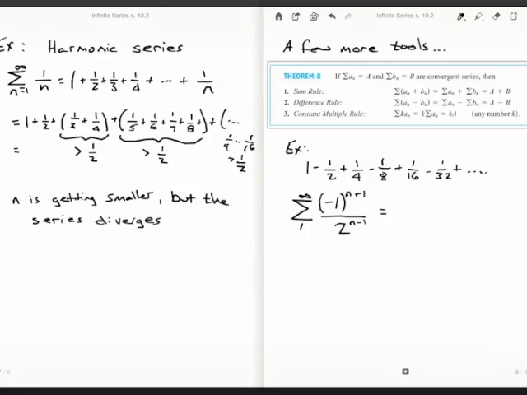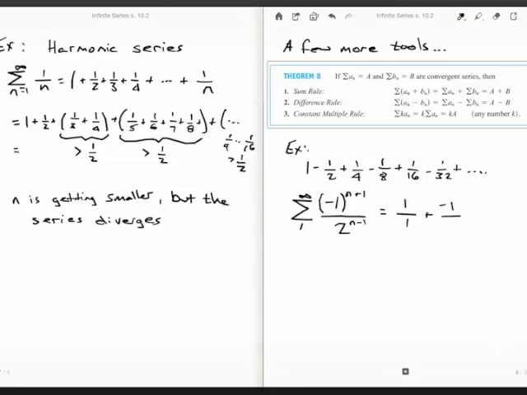So at first I'm saying -1 to the 1 plus 1 is -1 squared, so it's a +1, over 2 to the 1 minus 1 is 0, so that's just 1. All right, so the first one works. Plus, because I'm summing, -1 to the 2 plus 1, it's -1 to the 3, that's really -1, over 2 to the n minus 1.